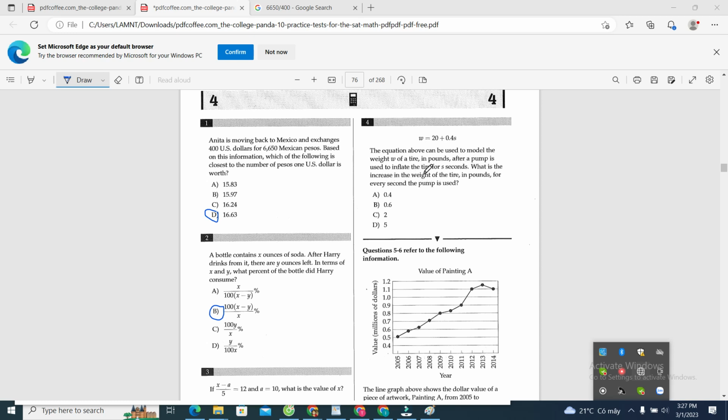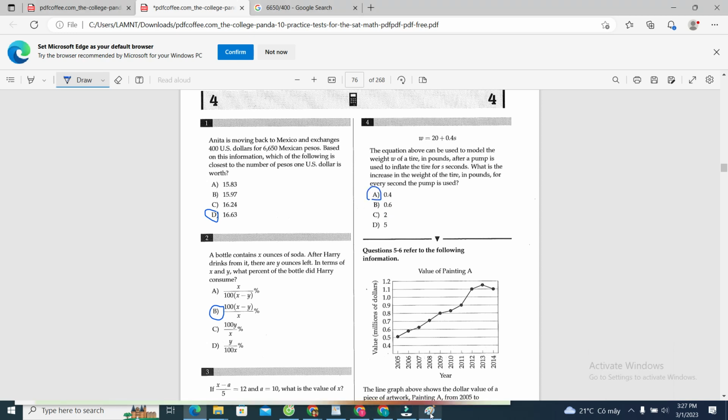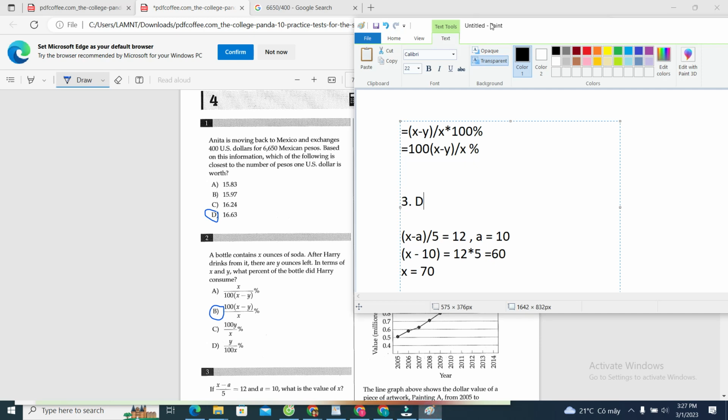What is the increase in the weight of the tire in pounds for every second the pump was used? So when S is increased by 1, the weight of the tire is gonna increase by 0.4, right?